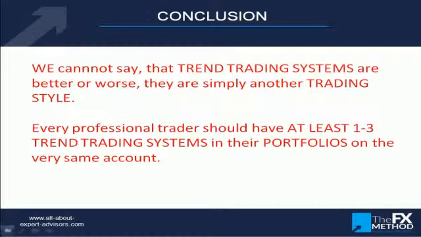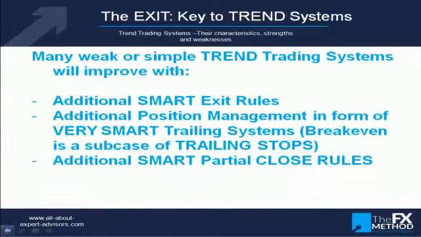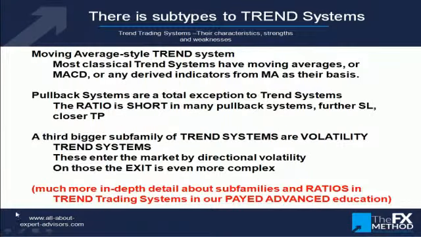Ideally, you should have one volatility trend system, one pullback, and one classical moving average trend system. All three together would be ideal on the same account, because they trade different moments of the trend, okay?